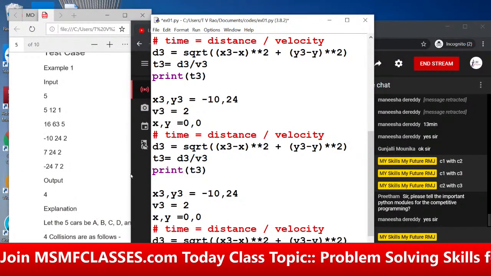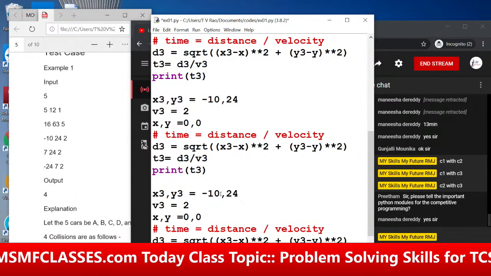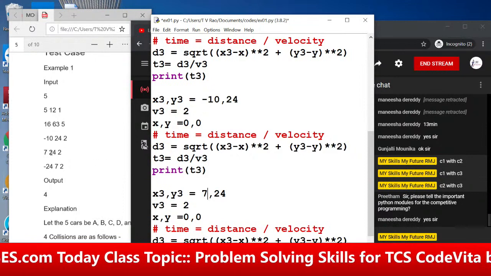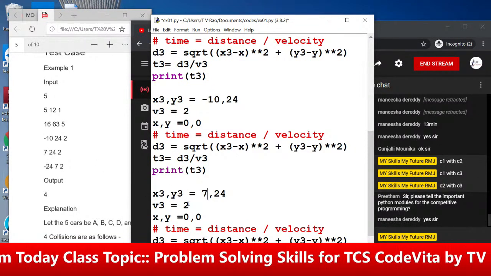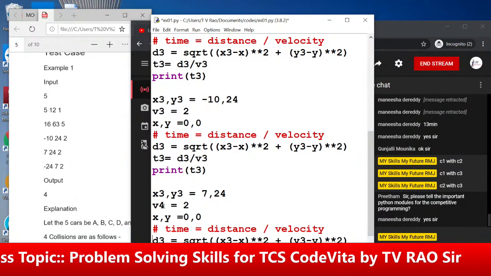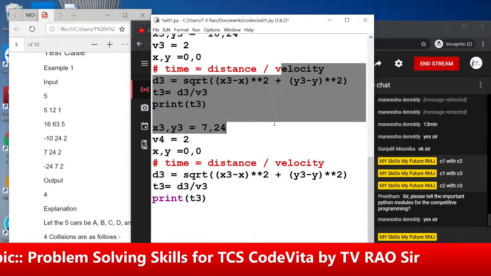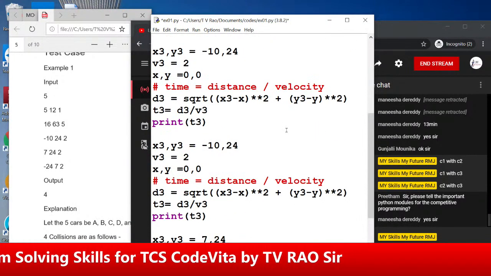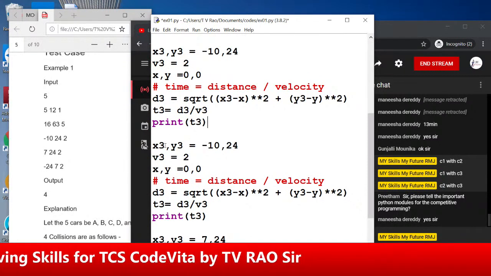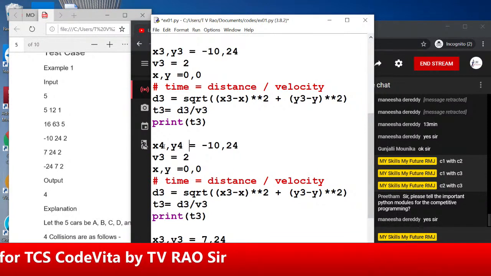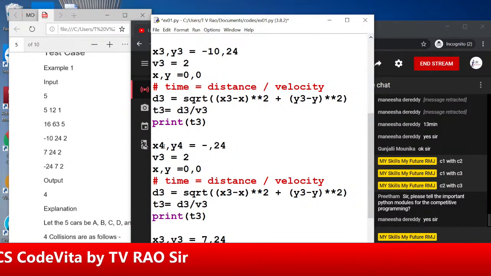What about car 4? 7 comma 24. Velocity 2. So this is car 4. Car 4: 7 comma 24, velocity 2.